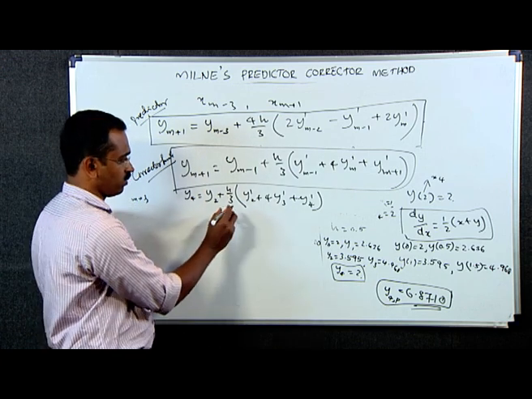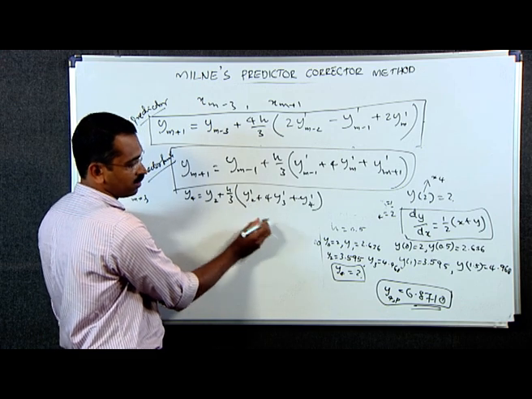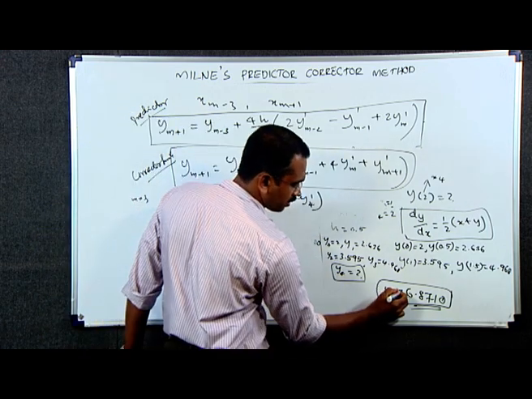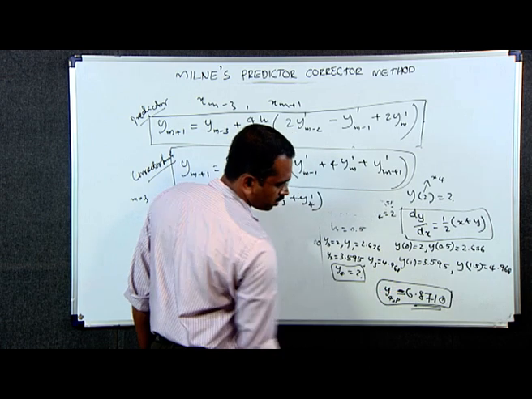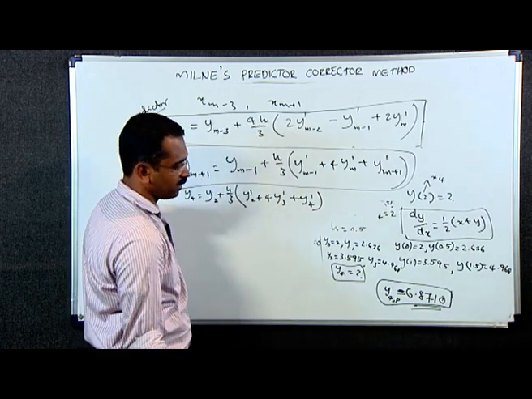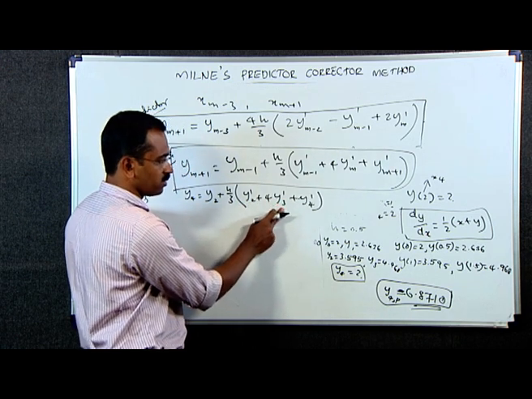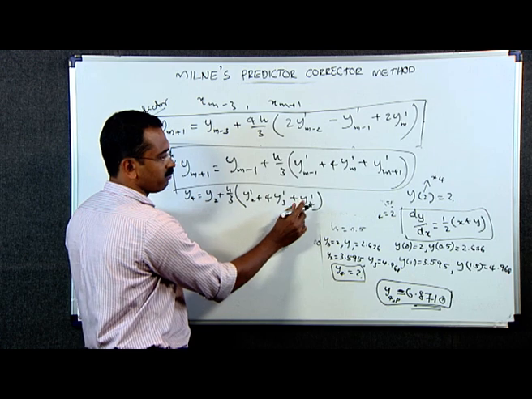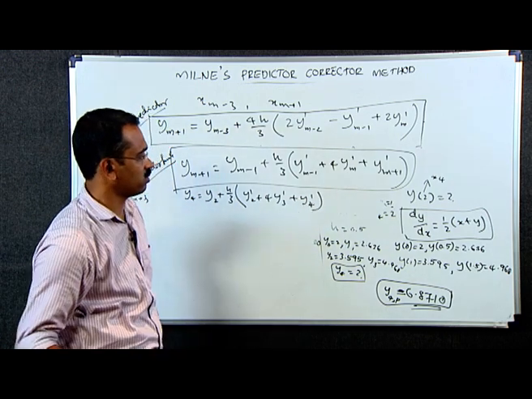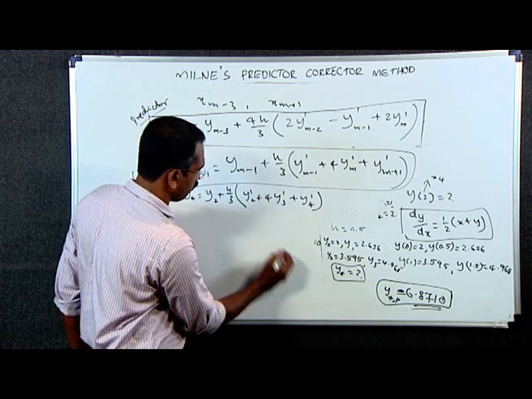In order to evaluate the predicted value of y4, we evaluated y2 dash and y3 dash. Now, we want to find y4 dash only.